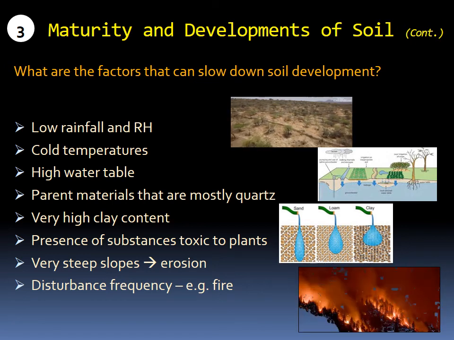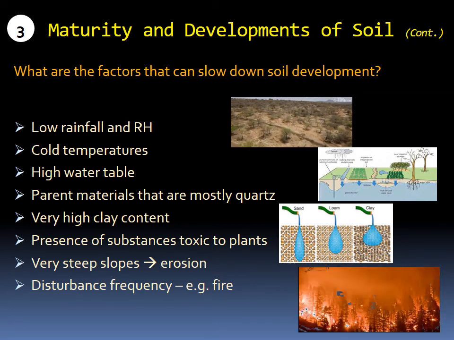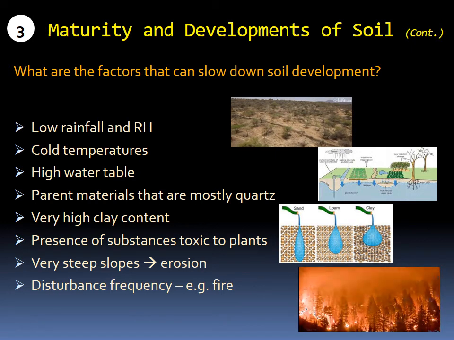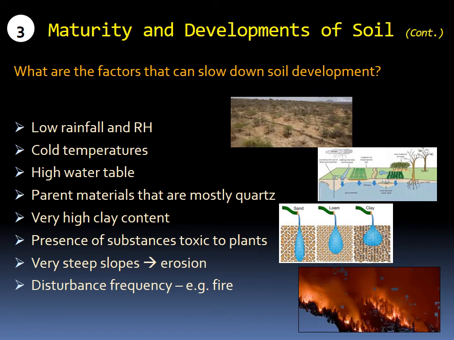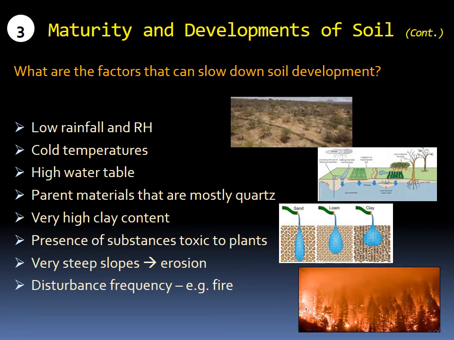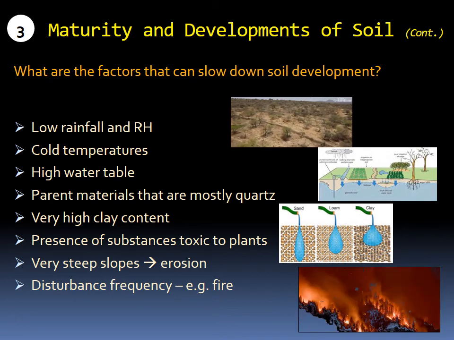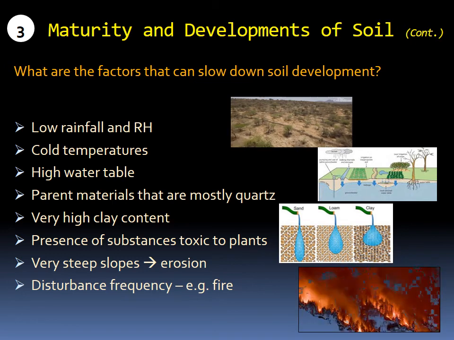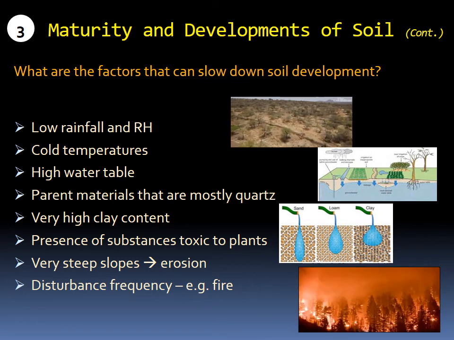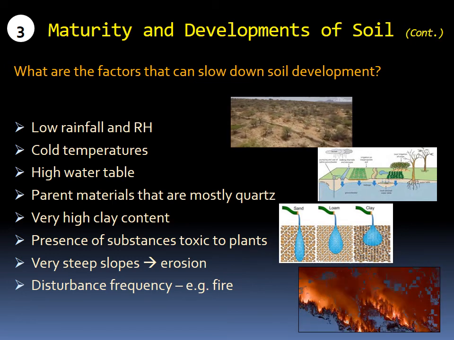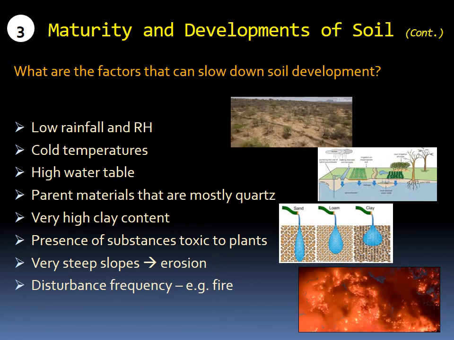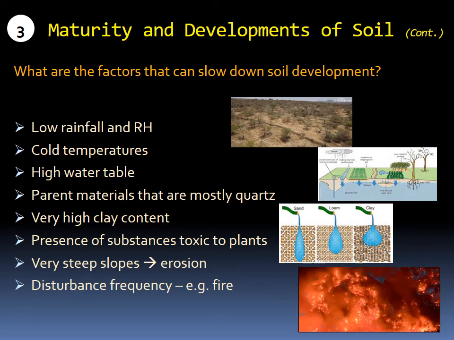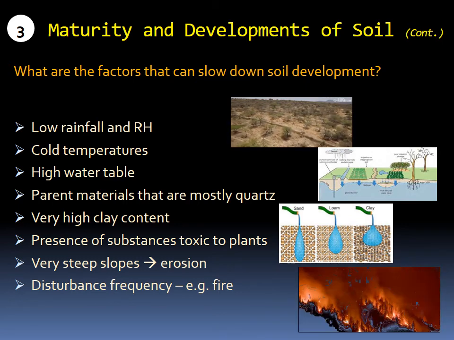Now the final factor is disturbance, like fire. When you have a fire, like what happens in some of the forest fires, like what happened in Australia or Amazon or California, the fires will burn the forest, and therefore you eliminate the vegetative cover, you eliminate the forest, and that would significantly affect the biological life.